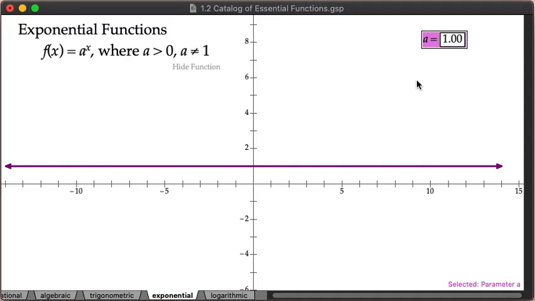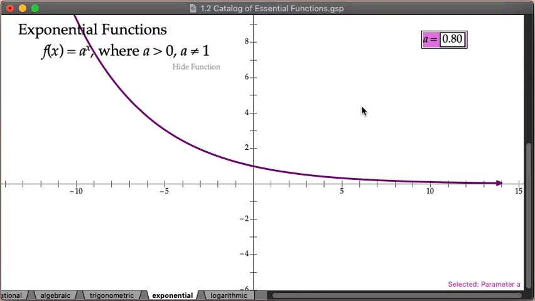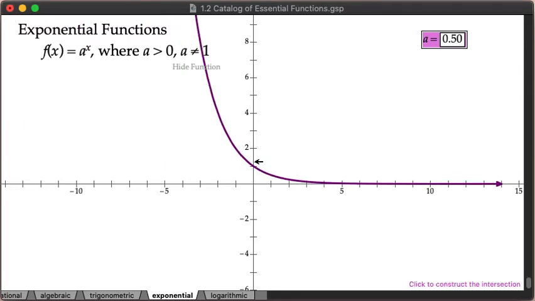It doesn't fit in that category. So this is why we say the base can't be equal to 1. And if I make my base between 0 and 1, then my exponential function swoops down. It is a decreasing function.